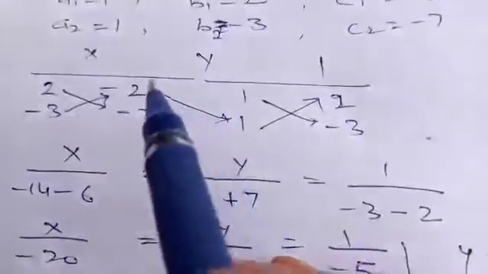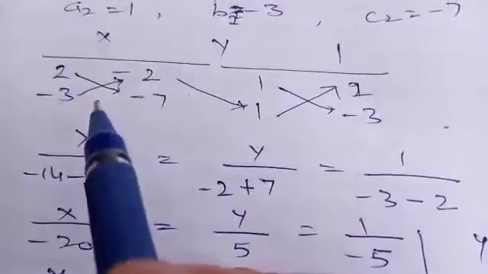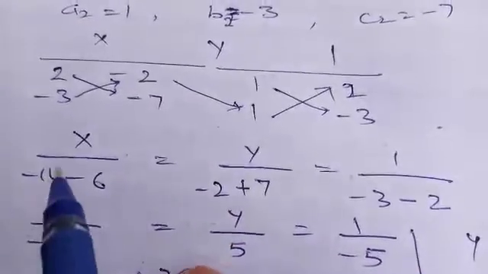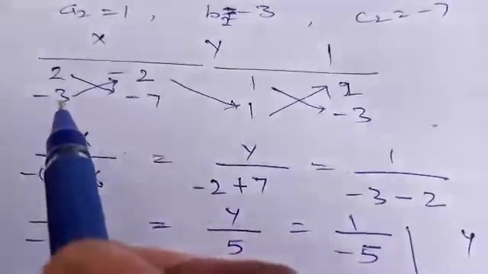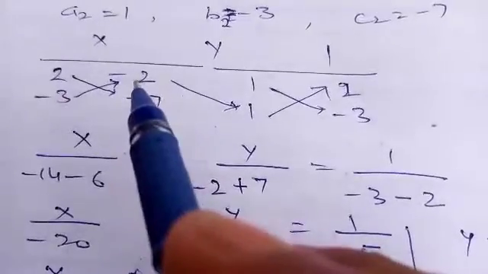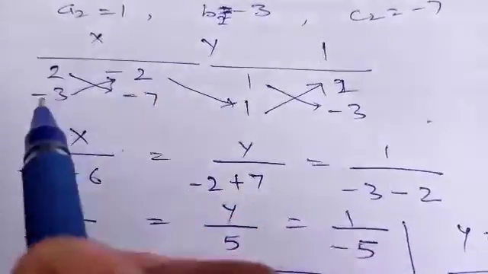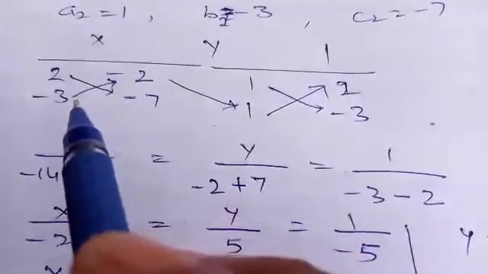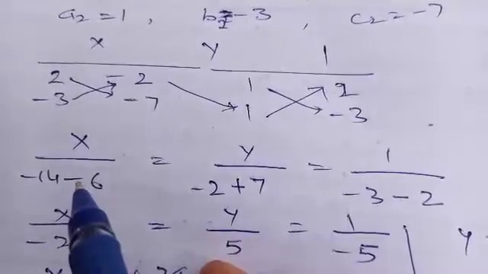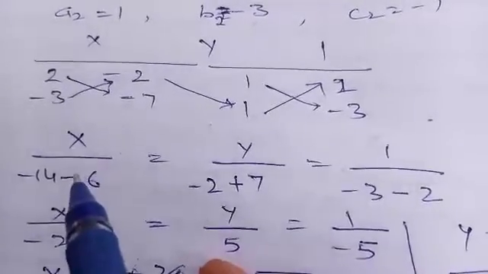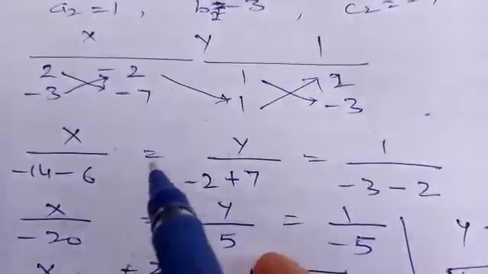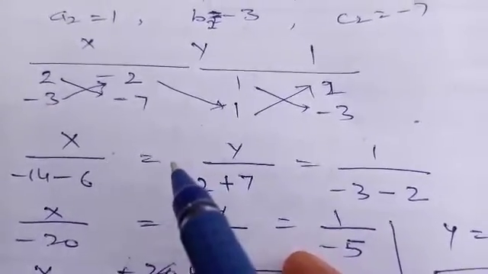When we find the value of x, we multiply 2 by minus 7, which is minus 14, and minus 3 by minus 2, which has a minus sign, so the product will be positive 6. And minus is already in the formula, so minus will stay as it is.